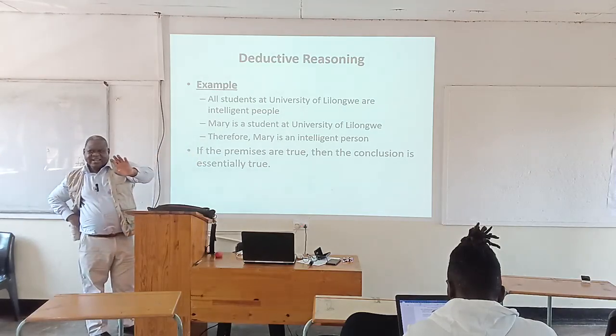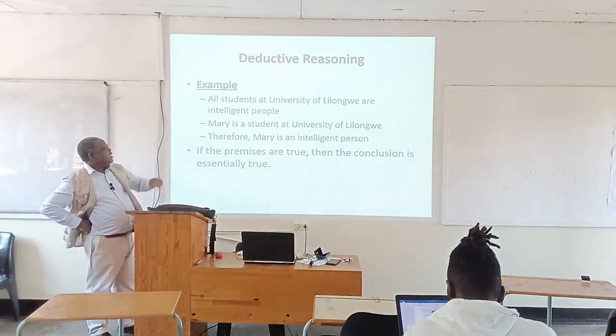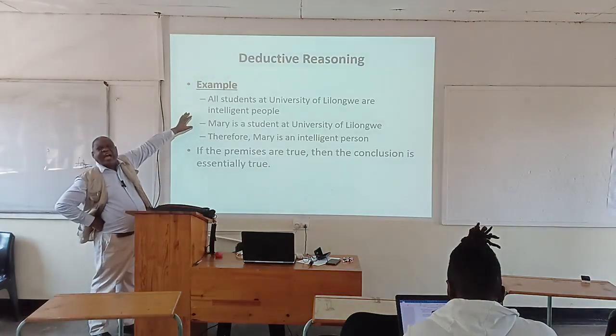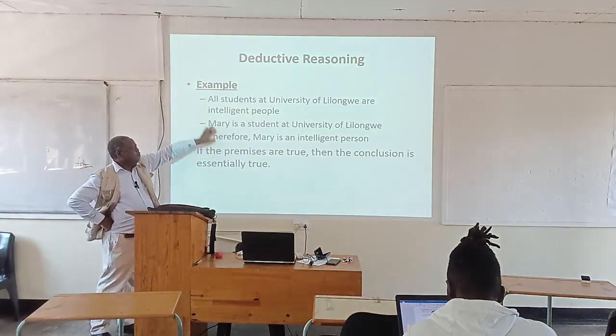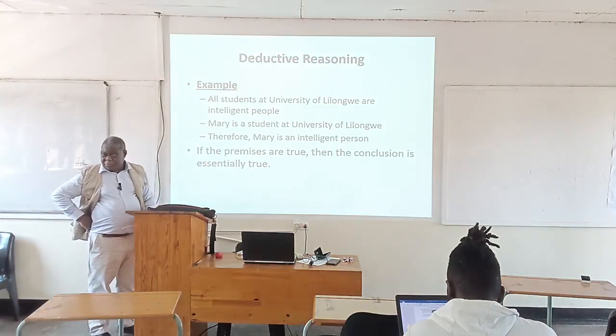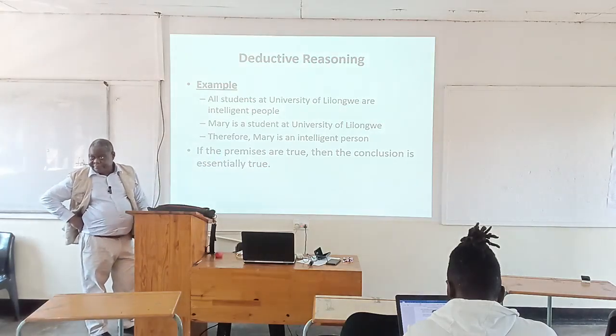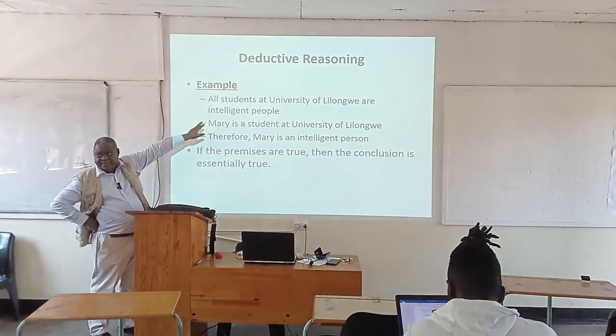Of course, let me also warn you, there are times where somebody comes with unconnected facts, and using those unconnected facts makes a conclusion. That's also a problem, right? Here, these two facts are connected.